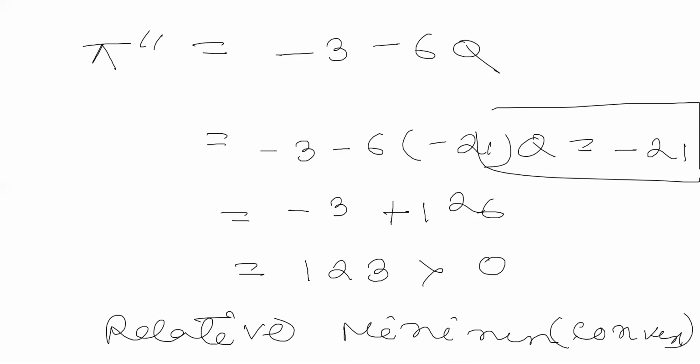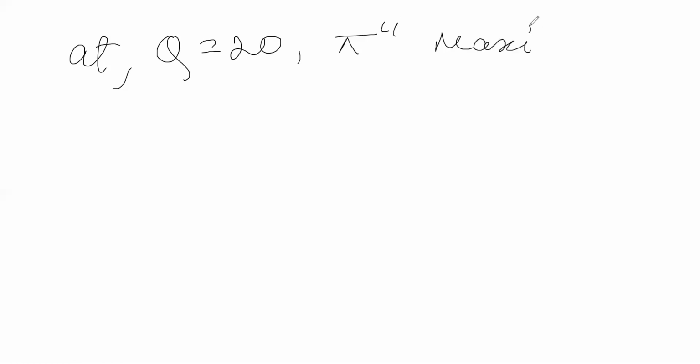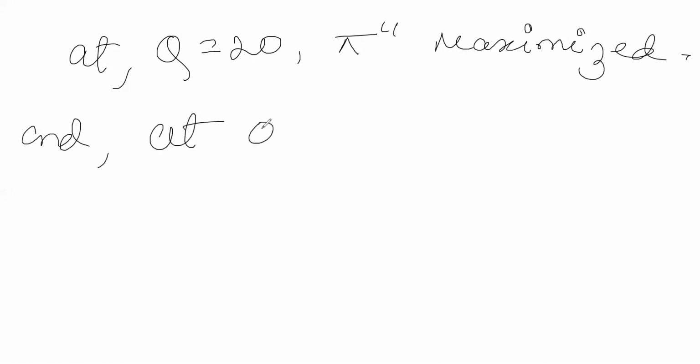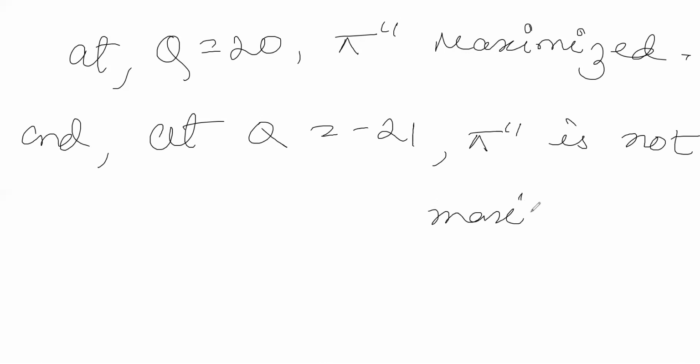So finally, we can see that at q is equal to 20, profit is maximized, and at q is equal to negative 21, profit is not maximized.